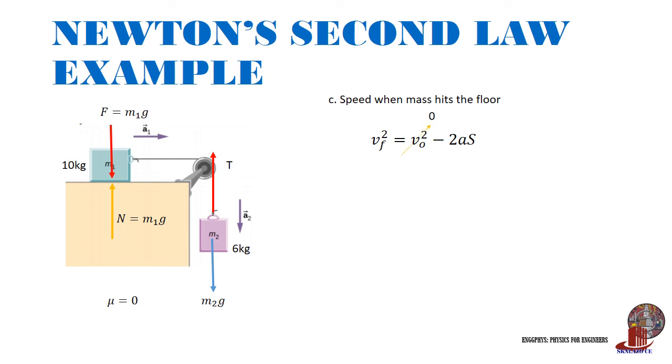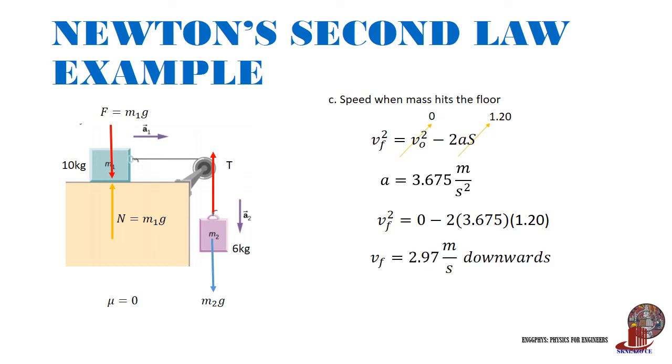Knowing that v0 is 0 and s is equal to 1.2 meters, with acceleration solved earlier as 3.675 meters per square second, we can solve the final velocity as final velocity squared is equal to 0 less 2 times 3.675 times 1.2. So, Vf is taken as 2.97 meters per second. That would be downwards. Take note that you are to take the negative out of the square root. So, the speed is taken as 2.97 meters per second.